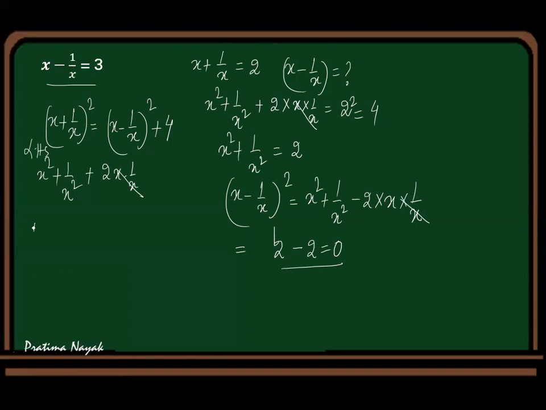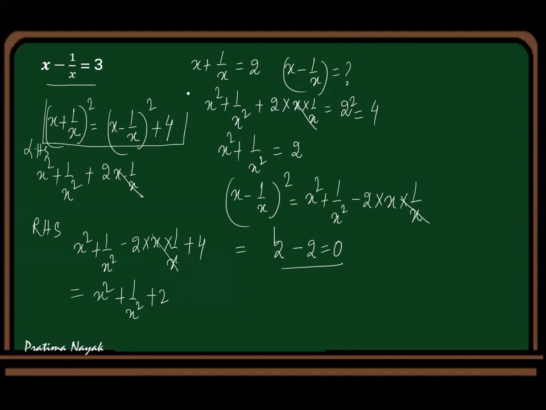Now coming to RHS. RHS will be x square plus 1 by x square minus 2 into x into 1 by x plus 4. So how much you are getting? You are getting x square plus 1 by x square plus 2. So this is also another important formula by which you can convert one to other.